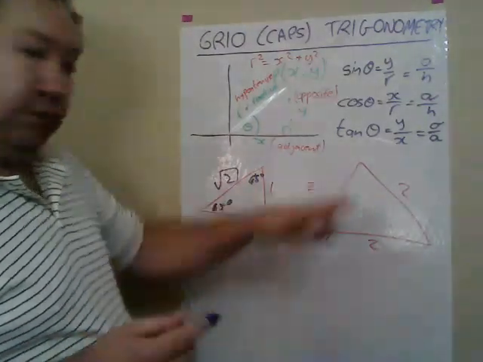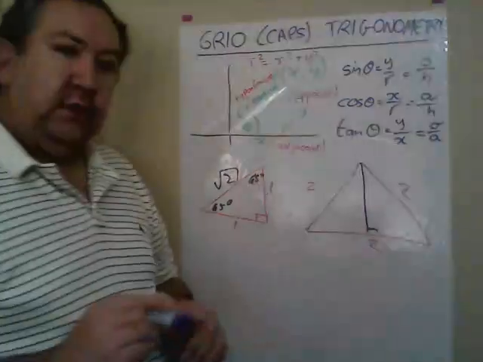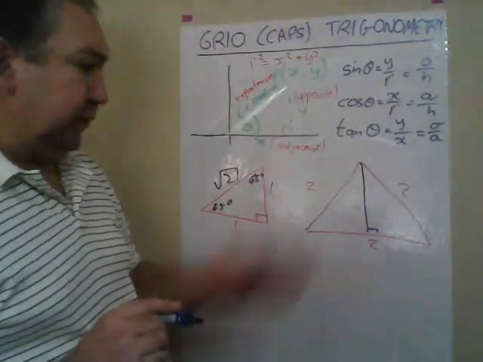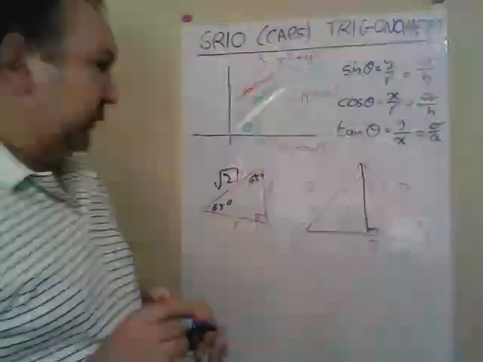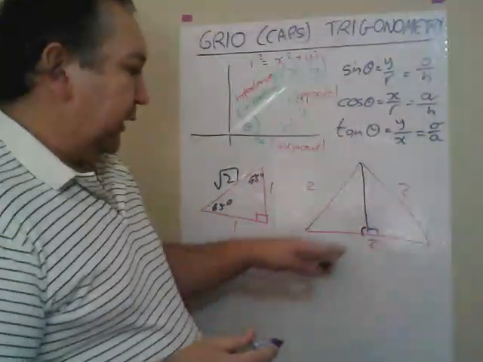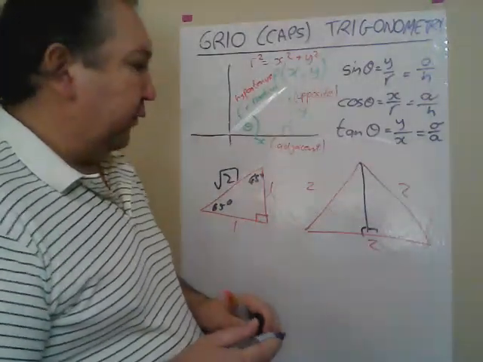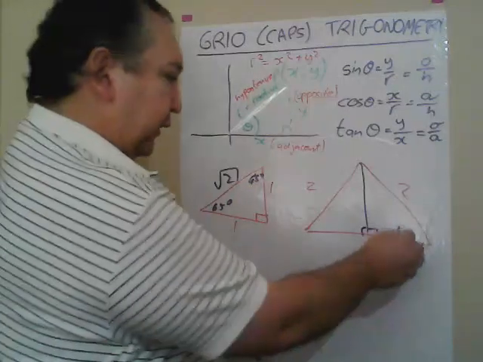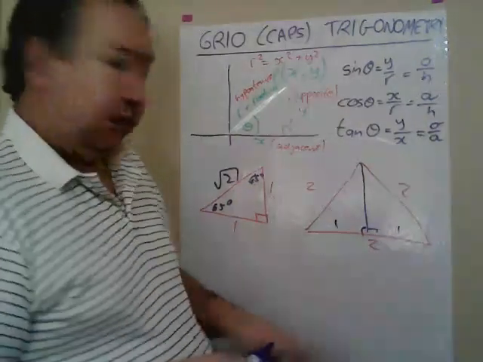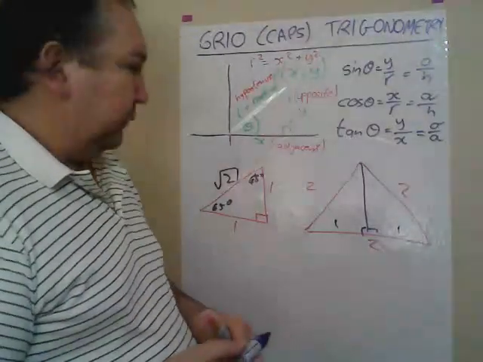Okay, so now we can move on to the other triangle, which I'm going to divide into two equal bits so that we have 90 degrees here. Those two triangles will be congruent, so therefore the sides are equal, and therefore the 2 is divided equally into 1 and 1.